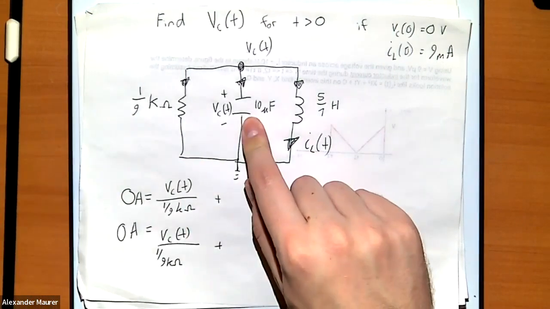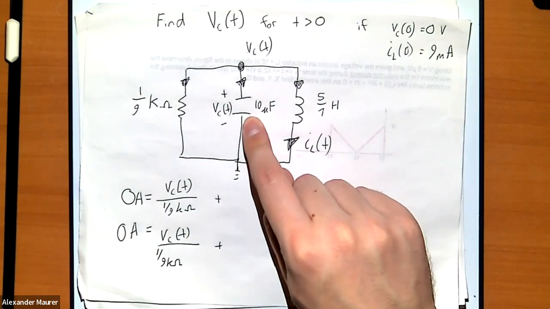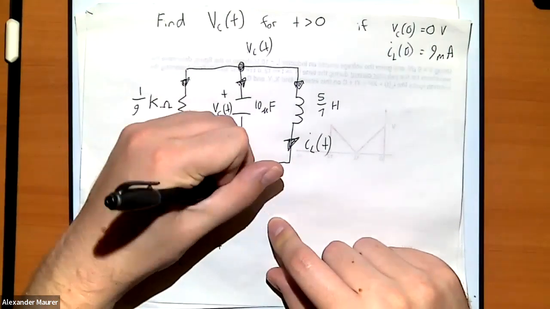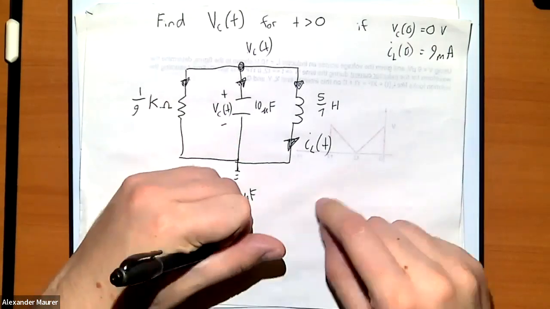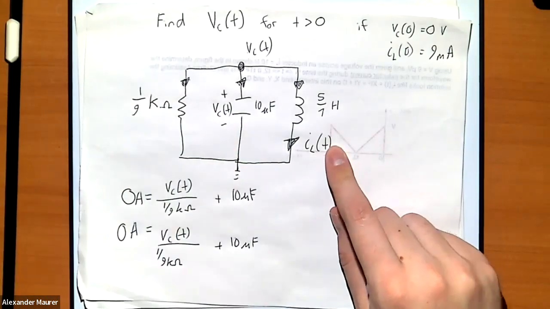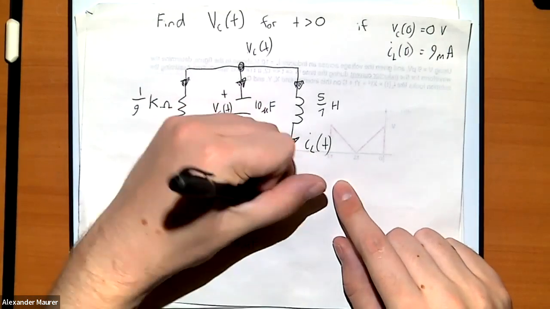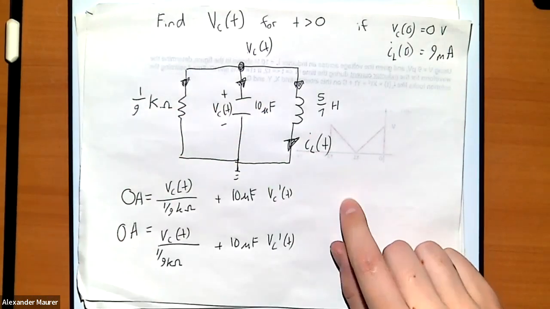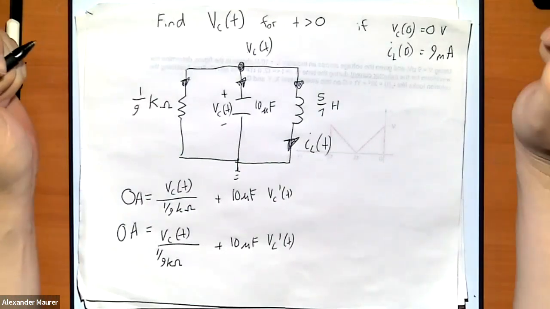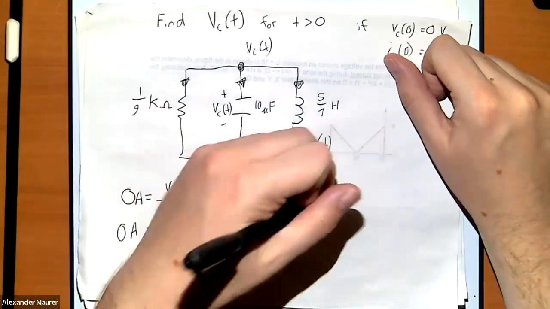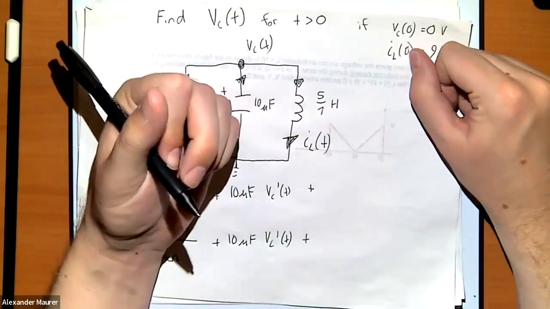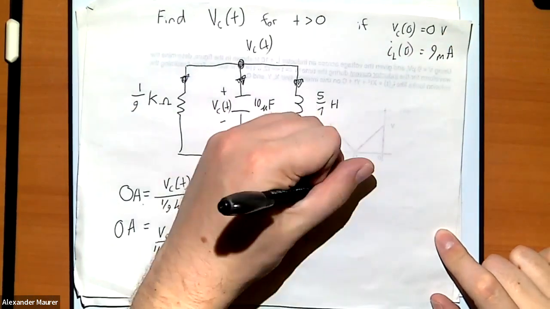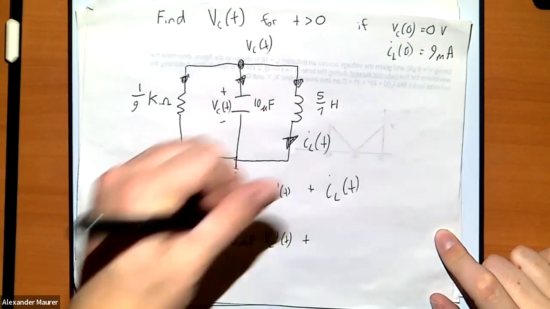Then we have the current in the capacitor, which is C dV dt. So this is going to be 10 microfarads times VC prime of t. And then we'll write VC prime of t down here again. And then the last thing, this is where our 2 versions are going to differ. In one of them, we're just going to write this as IL of t.